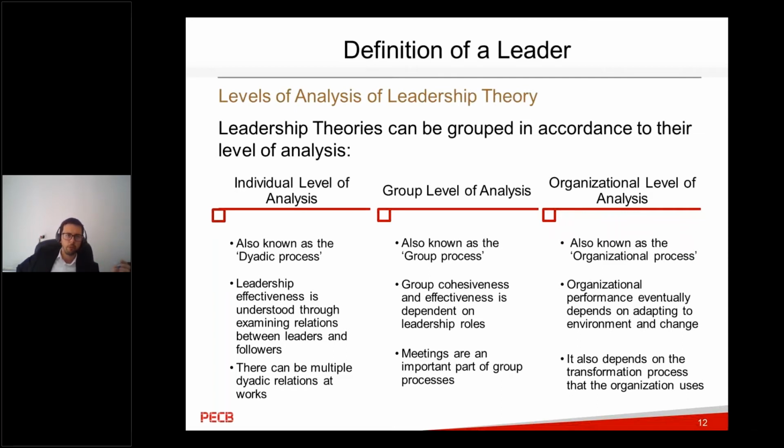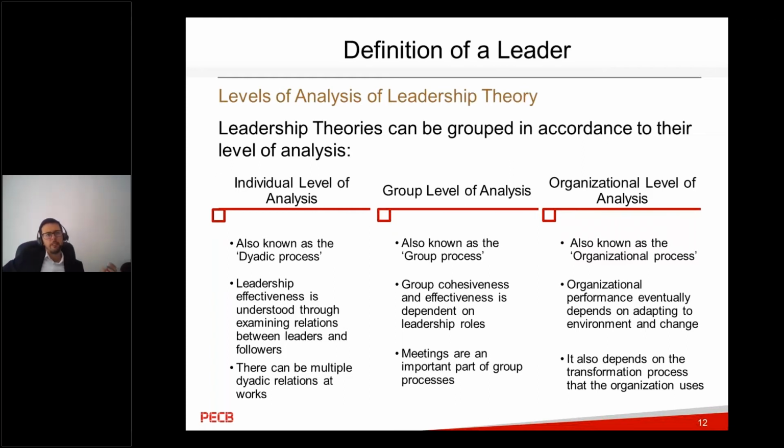So we either will be having the discussion at an individual level of analysis when we are seeing how leadership traits correspond to individual people, and then we have the group level of analysis, so how teams or group dynamics are related to leadership traits, and then we have the overall organizational level of analysis, which deals with the functioning of the organization in general.